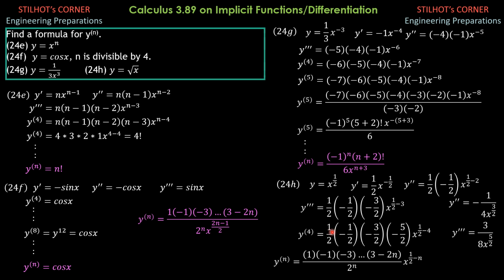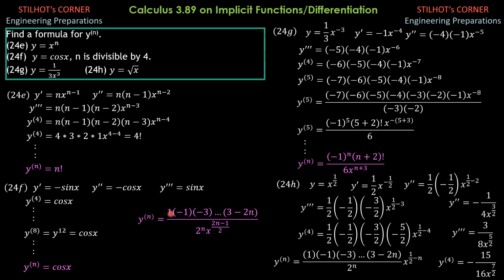This is negative 15 over 16 x to the positive 7 halves. So y fourth derivative is negative 15 over 16x to the 7 halves. Let's check. So 3 minus 2 times 4 is negative 5.